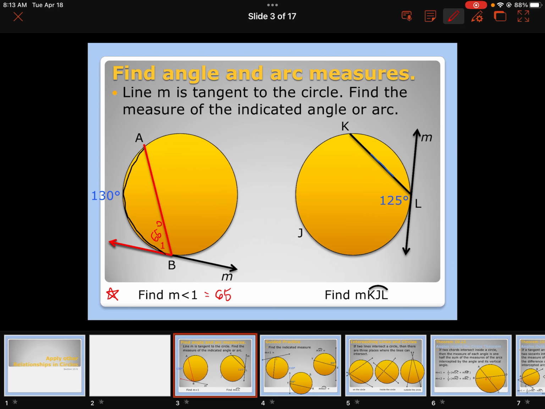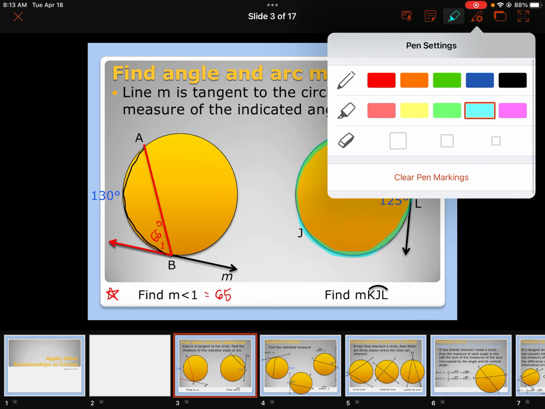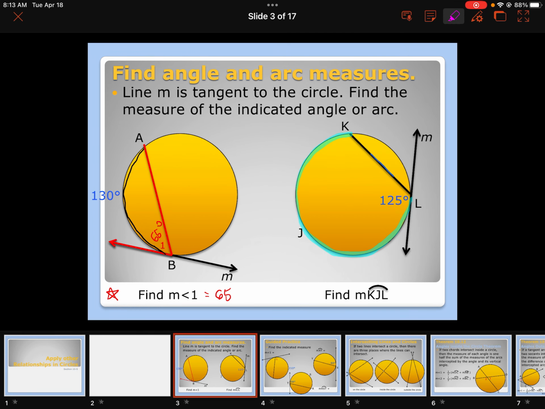In the second one, we're finding the measure of arc KJL. Now make sure you know where that is. Remember, arcs named with 3 letters are major arcs. So we're referring to that one, starting at K, going through J, and stopping at L. They're telling you that this inscribed angle, made with a chord and a tangent ray, is 125 degrees.